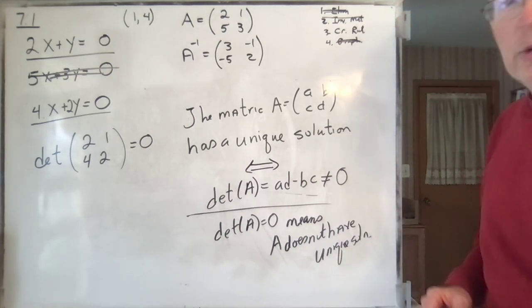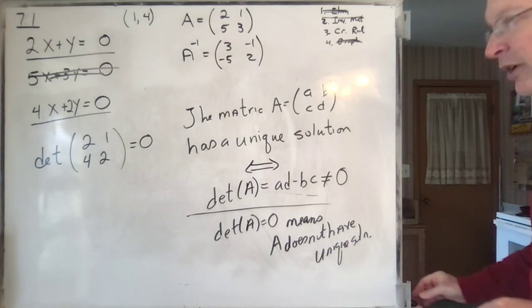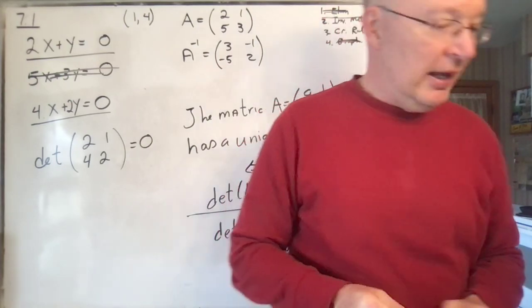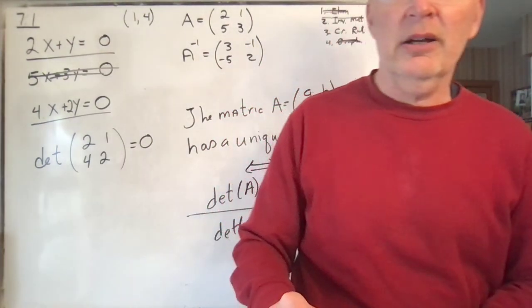Okay, so that's going to be key for what we do as we go through the rest of this section. And so I'm going to stop it right there, and then we'll pick up and get into eigenvalues with our next lesson.